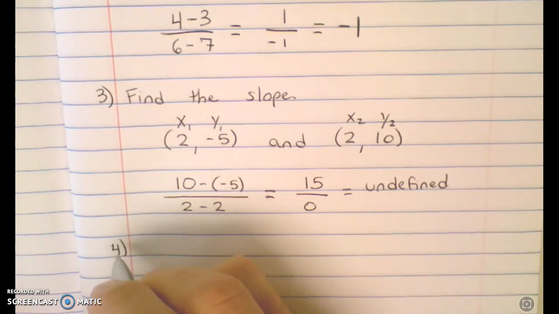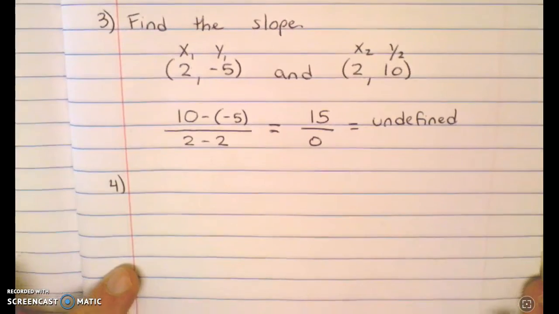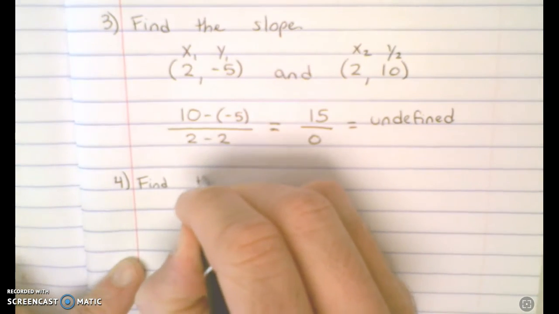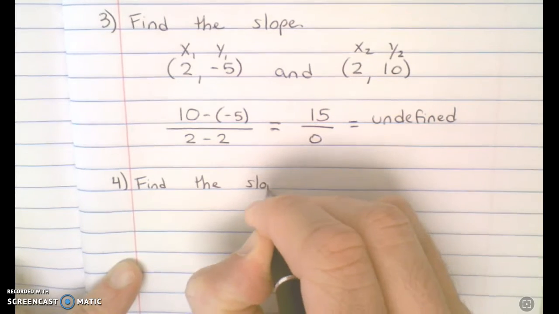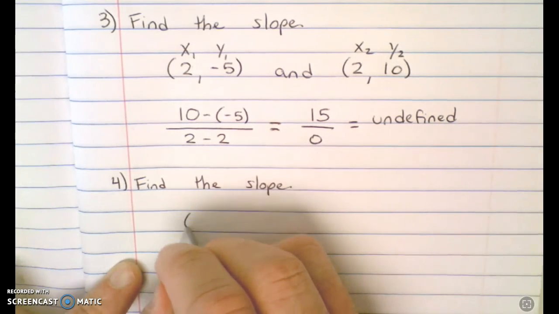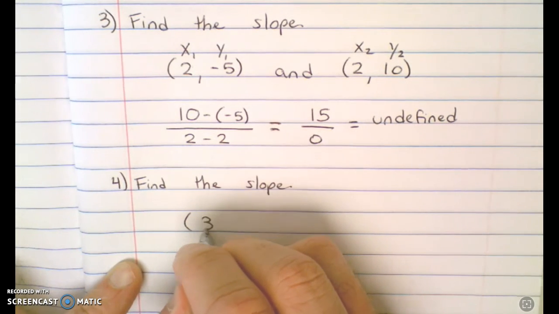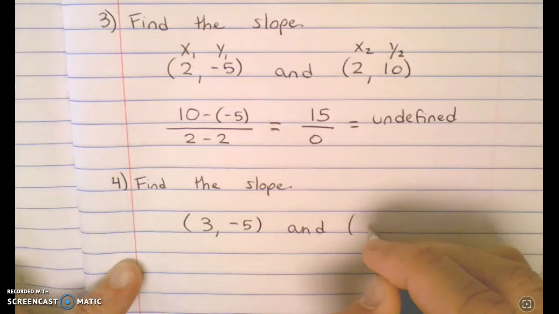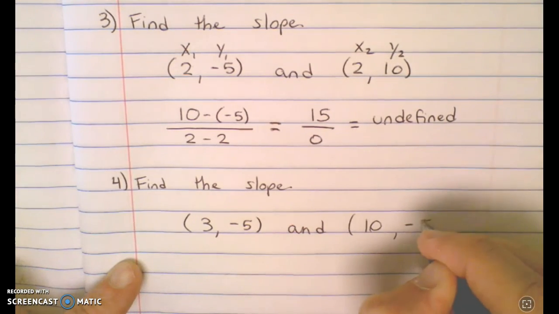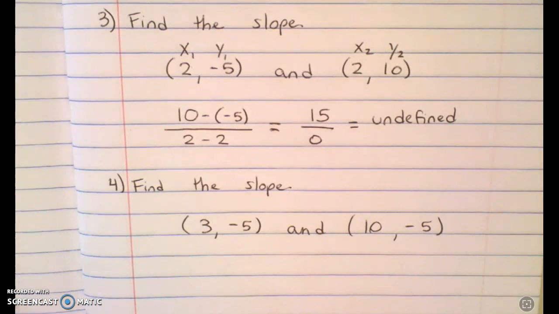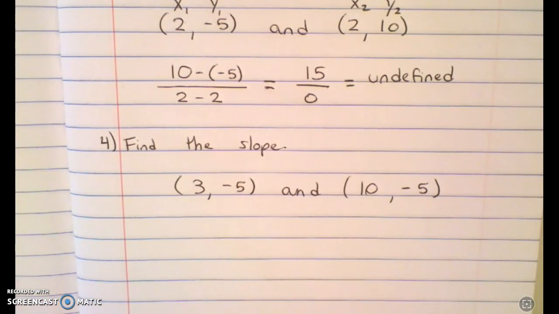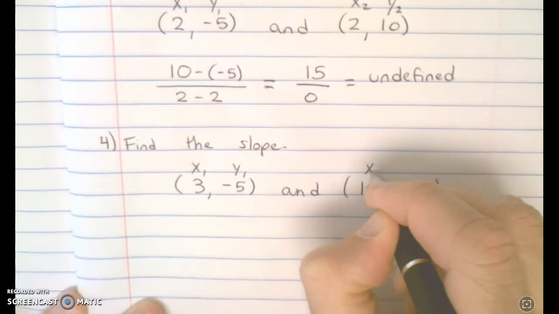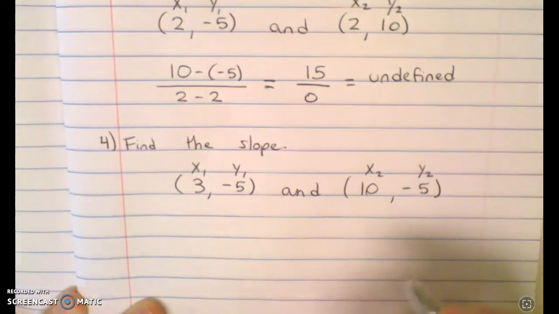And then our final example. I'm going to ask you to find the slope between the 2 points 3, negative 5, and 10, negative 5. Same idea. I list my x1, y1, x2, y2.